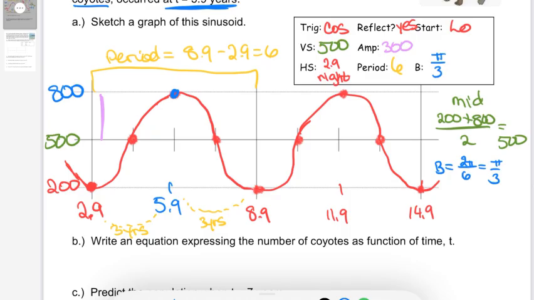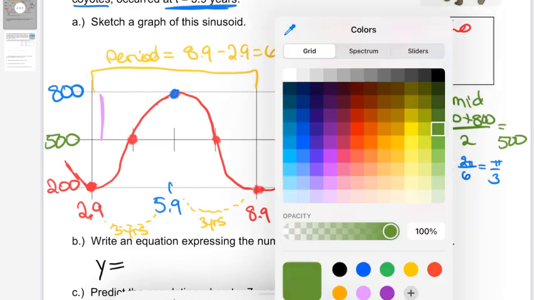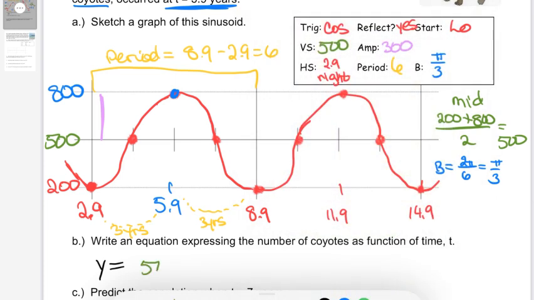And here are 2 cycles of this data. Now, we need to write the equation. So y equals, we start with that vertical shift, which was 500, and that did go up. Then we have a plus, because we have a minus.